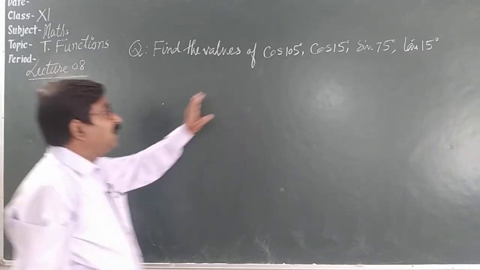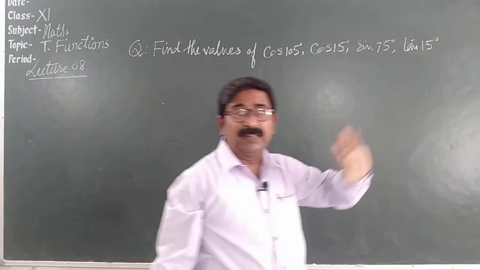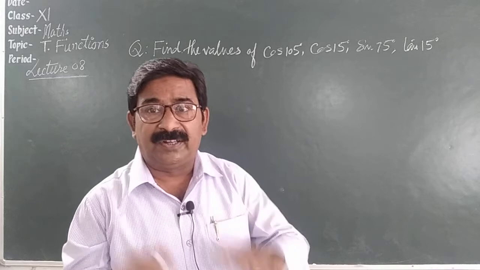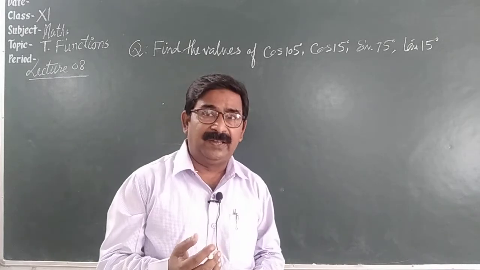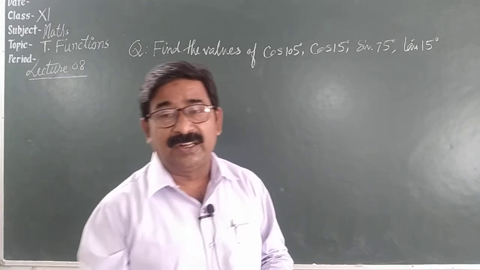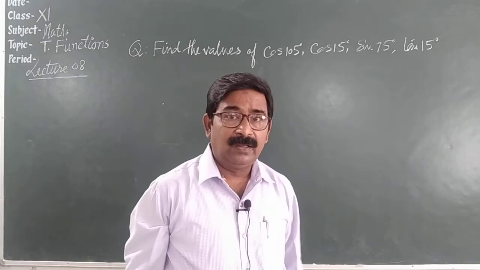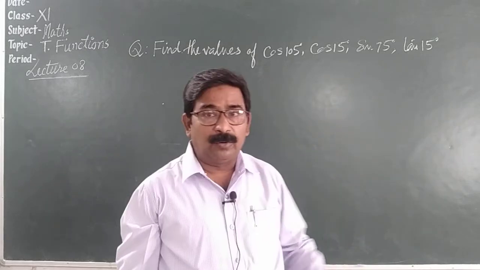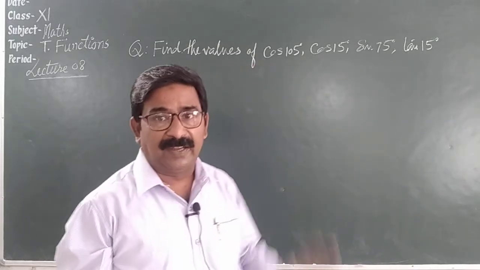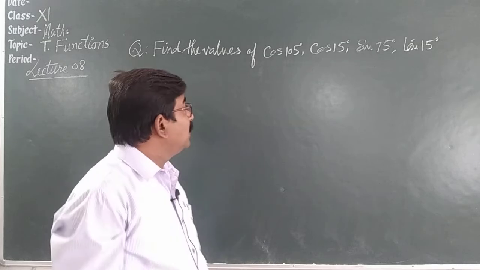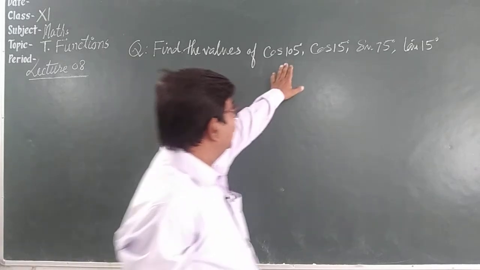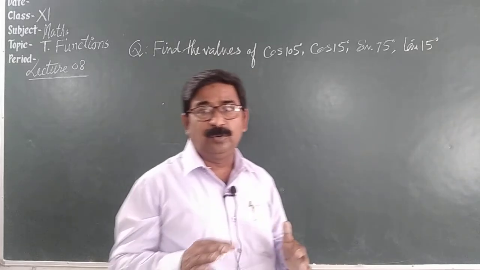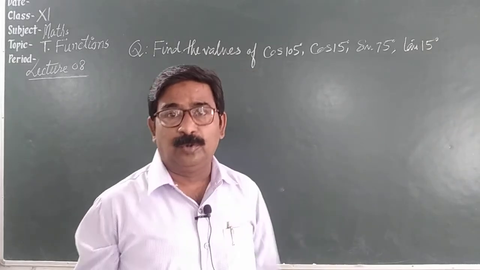Whenever we are given to find the values of different angles which are not found in the table, like in the table we find the values like 0 degree, 30 degree, 45, 60 and 90, but these values are not given in the trigonometric table. So how to calculate the values of this kind of angles? Simply we break this angle into two known angles, sum of two known angles or difference of two known angles.